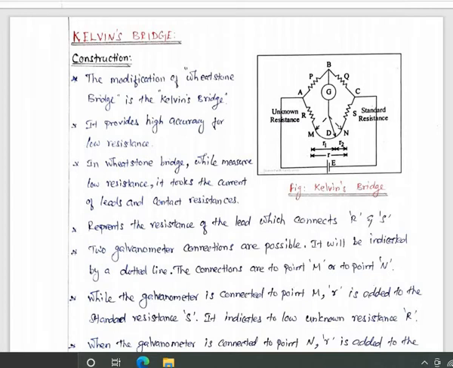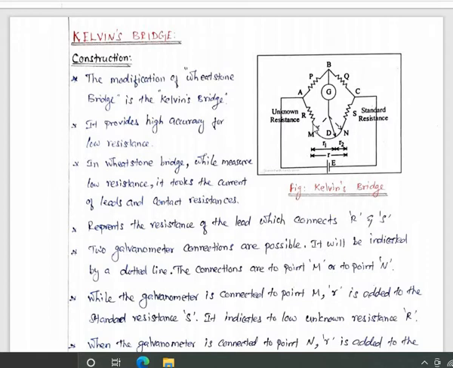So what are the major changes or modifications? In the previous Wheatstone bridge we connected the 4 resistances in bridge format. Here we have to connect the unknown resistance and the standard resistance through some wires.